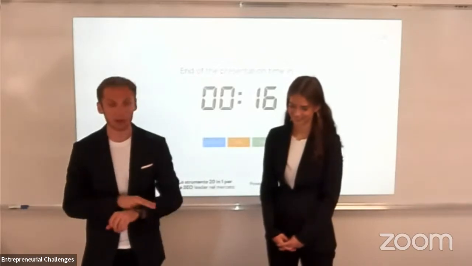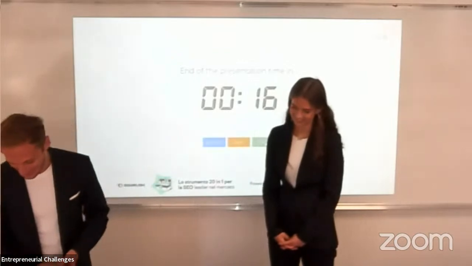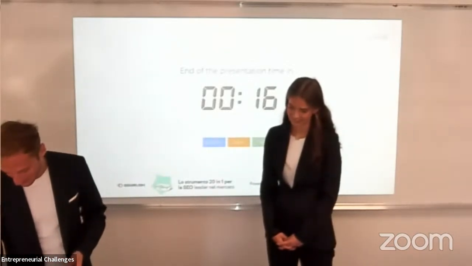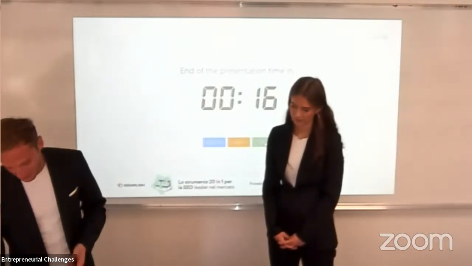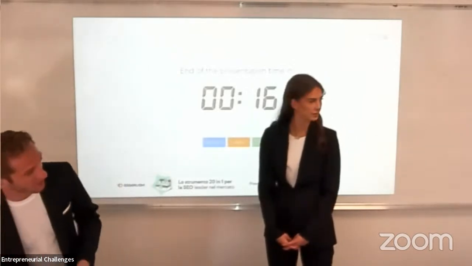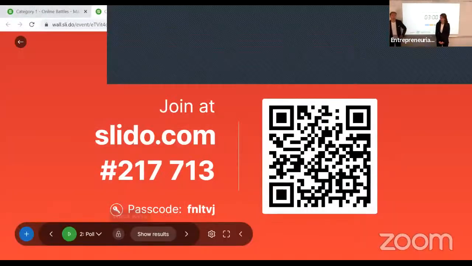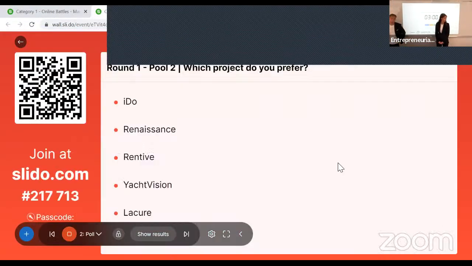I mean, it's a little early for popcorn, but you know, we're heating up, so it's never a bad time. I believe that the Slido should be opened, so I will begin the timer for 3 minutes. And at the end of this timer, we will come back and move into pool number 3.